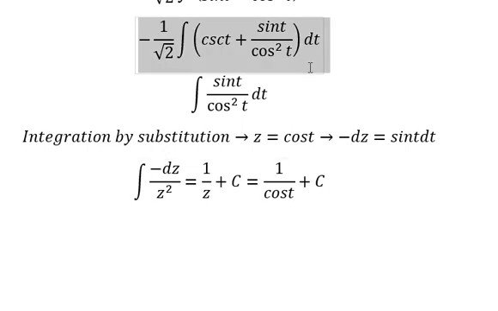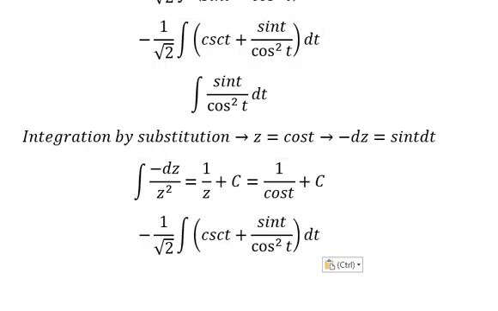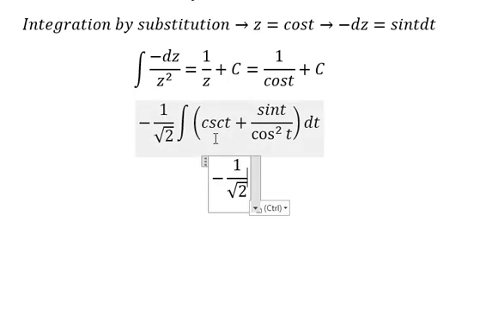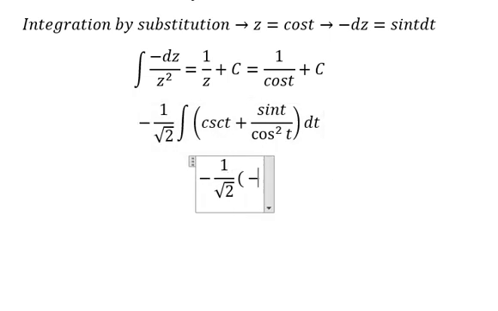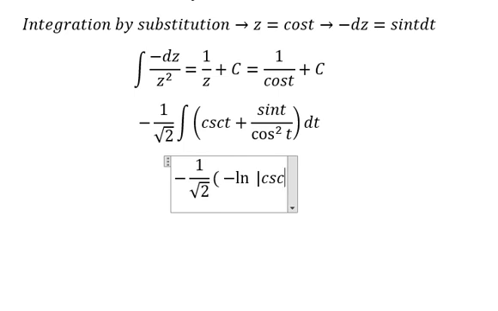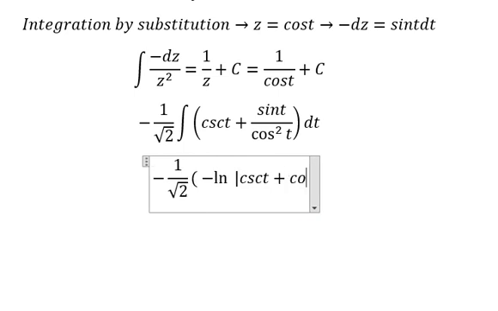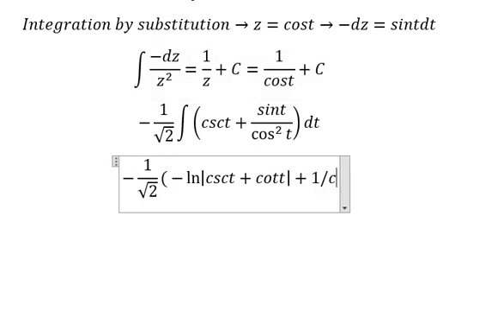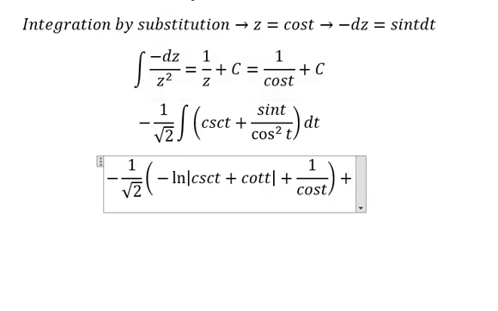And now, we have the final answer. The integration of this one, we have negative ln of the absolute value of cosecant of t plus cotan t. The integration of this one, we have 1 over cosine t. And we put c.